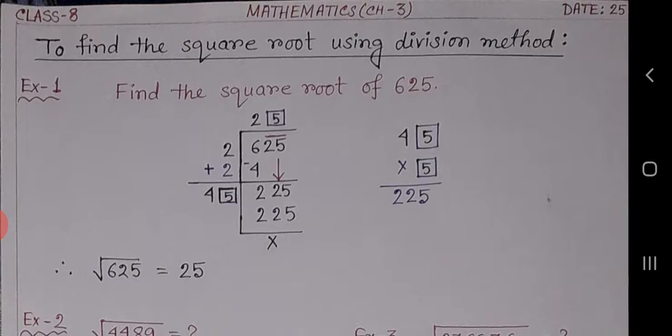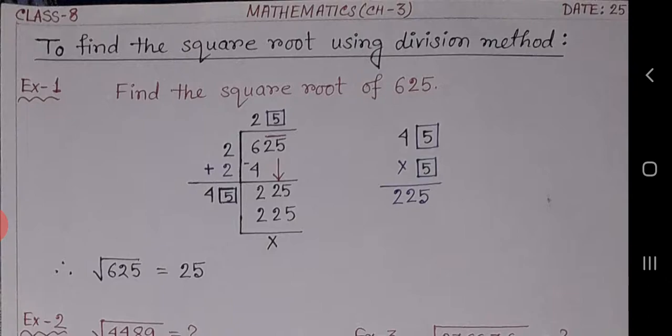And next we have to add 2 below and get the result 4. Now we shall subtract 4 from 6 and get 2.